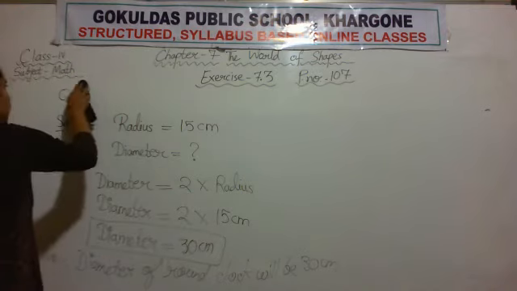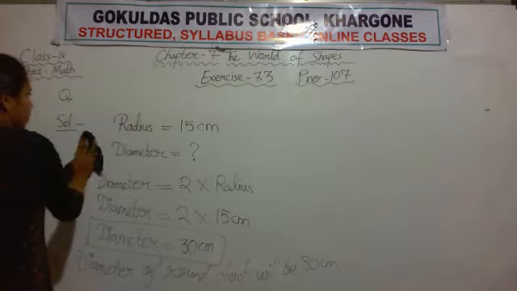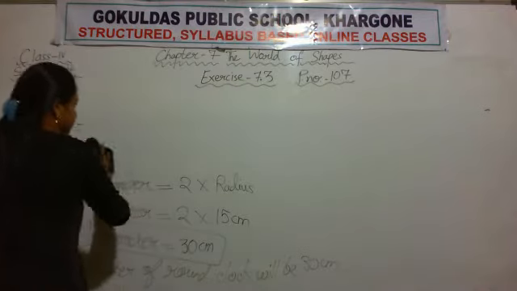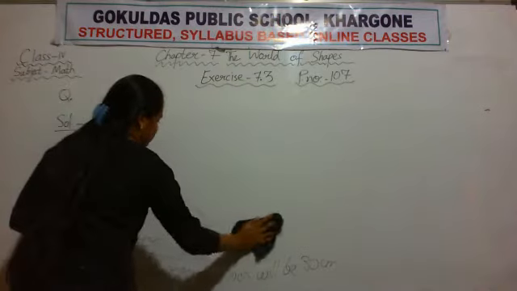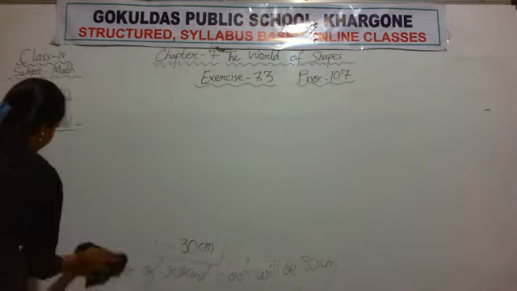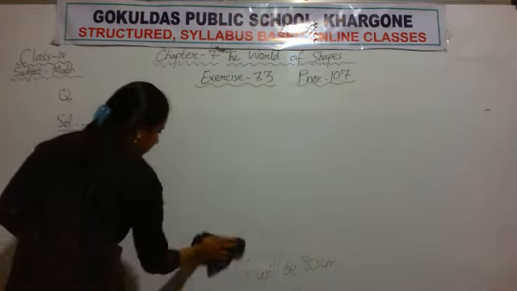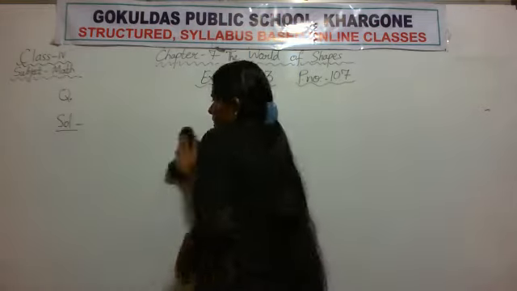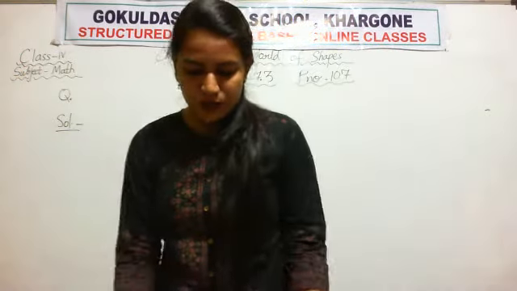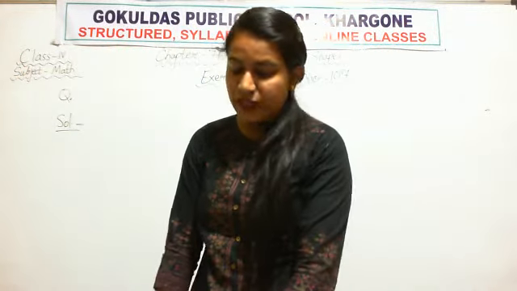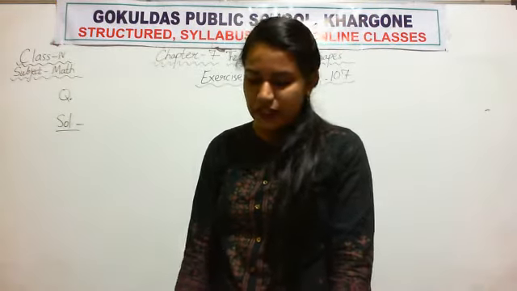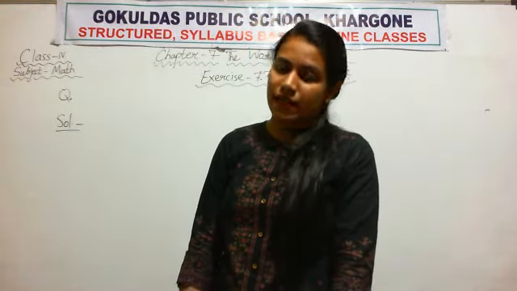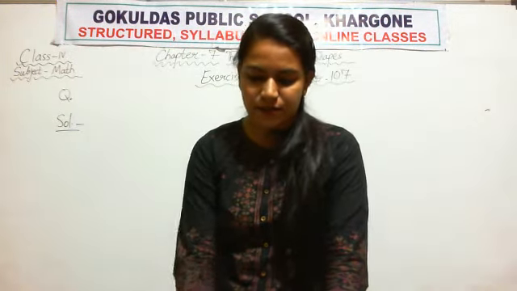Now question number 4. Read question number 4 carefully. The diameter of a wheel is 70 centimeter. Find its radius.